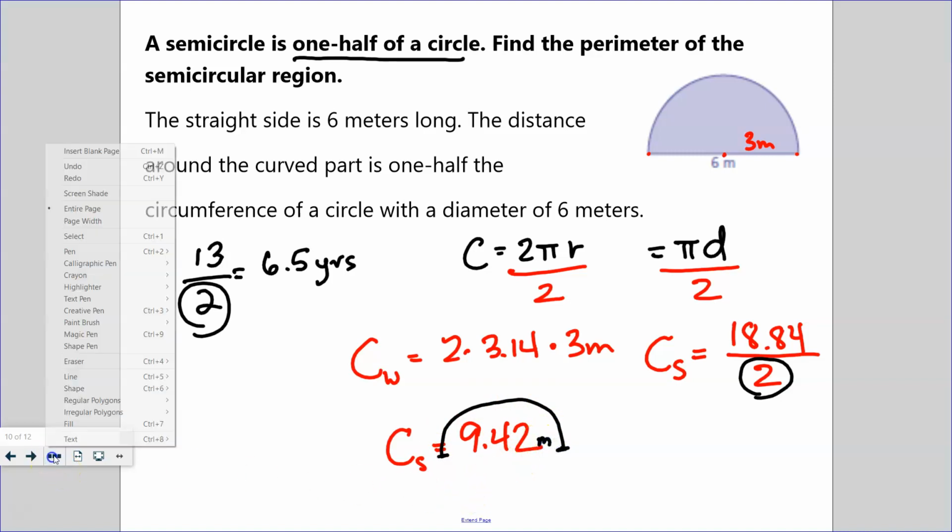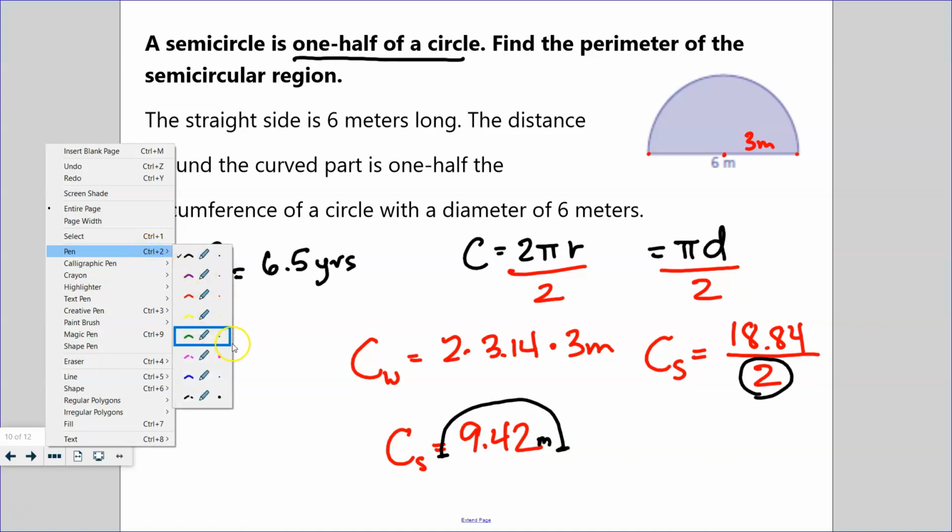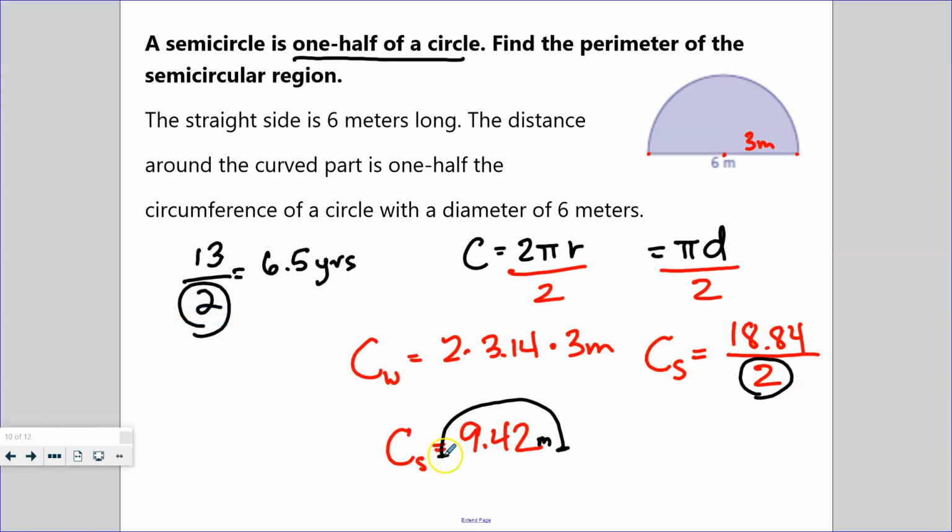But there's one piece that is missing here, and you might have recognized it right away, and that's from here all the way to here, and that was given to us as 6 meters. So we're going to add 6 meters on, and we have the perimeter of the semicircle equals 15.42 meters.